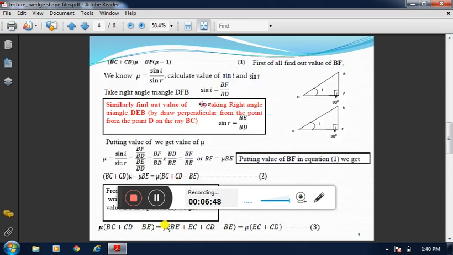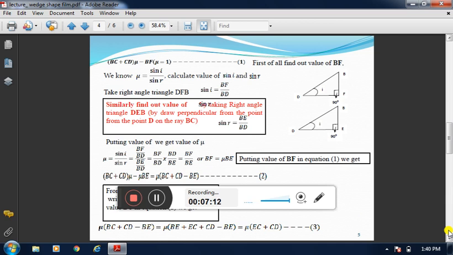It becomes BE plus EC plus CD minus mu BE. Dear student, BE and BE cancel. Then we get mu EC plus CD. This is the net path difference. Net path difference delta is equal to mu EC plus CD.